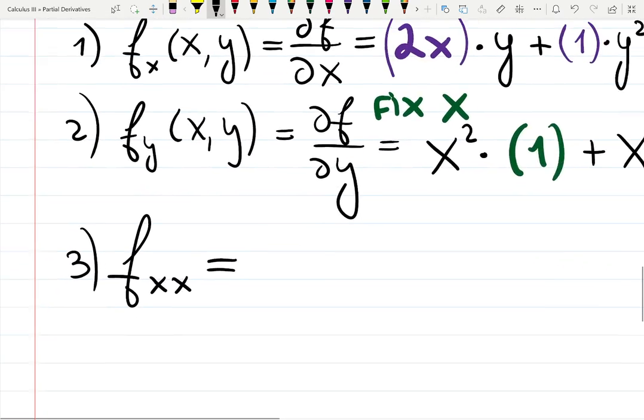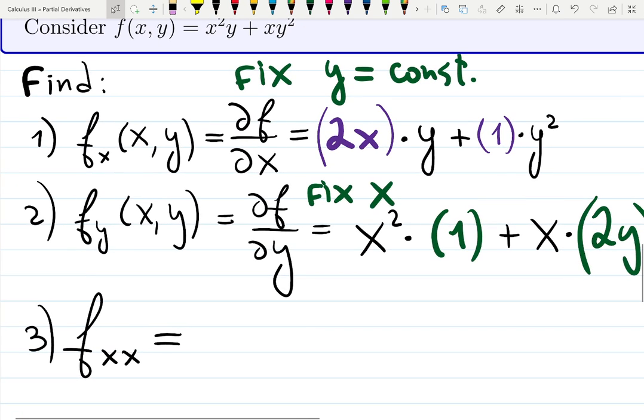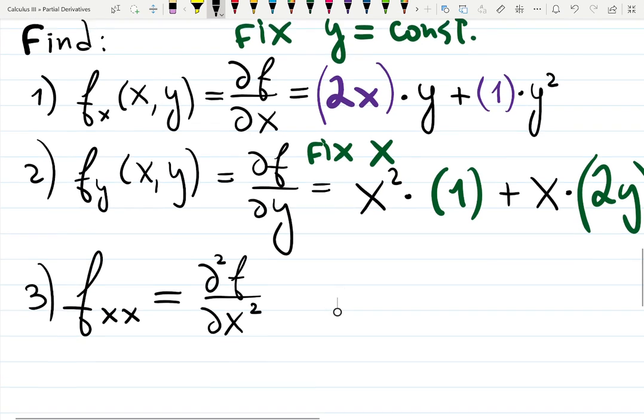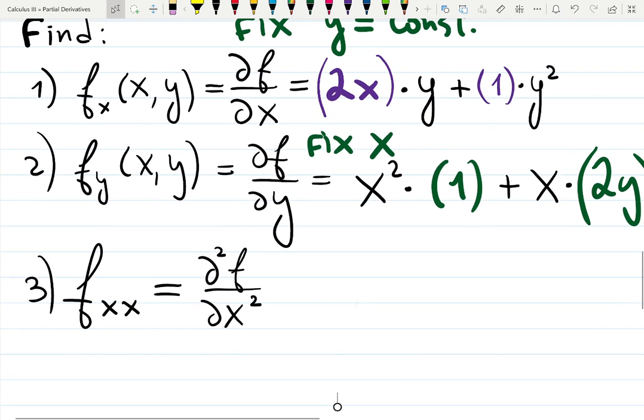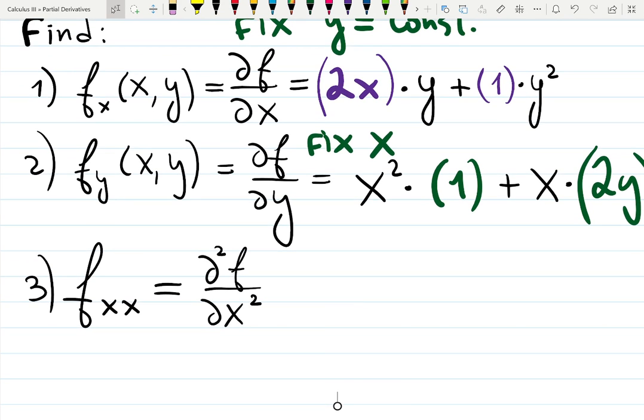I would call it like this, same fixation. So for example, that is going to be second derivative of f with respect to delta x, but people don't usually copy that twice, so they put square here. That doesn't mean square, it means twice. Fxx is a second derivative of f with respect to x with respect to x.